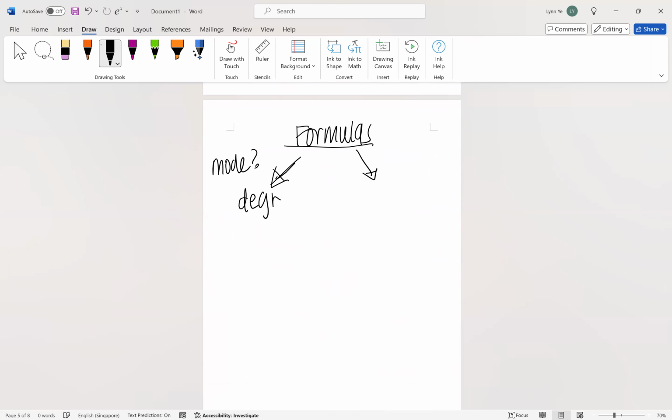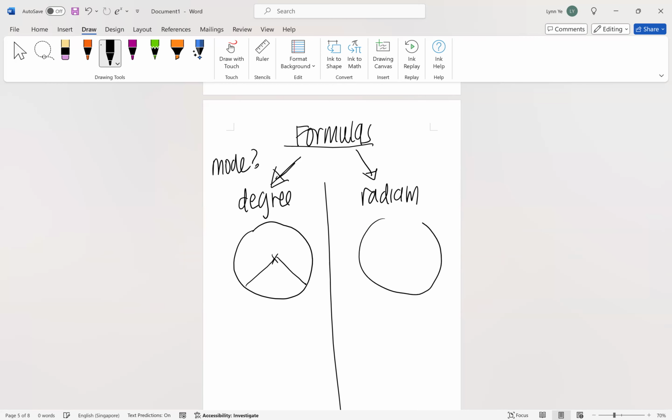Degree mode and radian mode. Now, when it's a degree mode, okay? So degree mode, you need to be very careful. I think I better draw out. And be very careful.